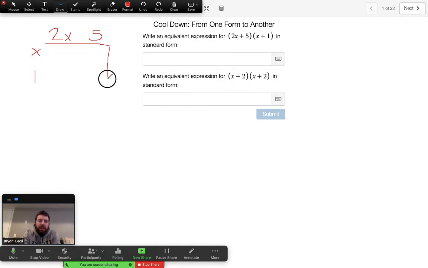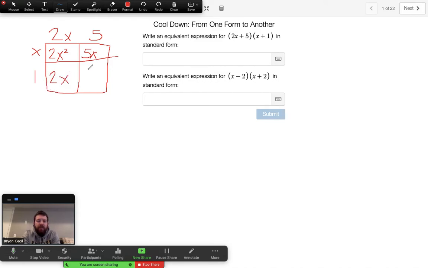You guys have done the two ways. Remember, guys, we multiply the terms that are there. So 2x and an x give you 2x squared. 5 times x is 5x. 2x times 1 is 2x.